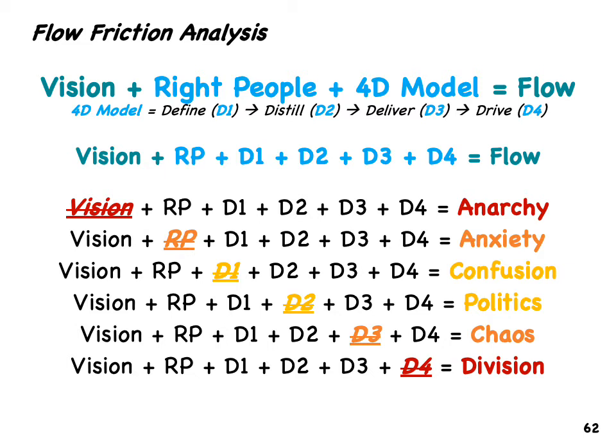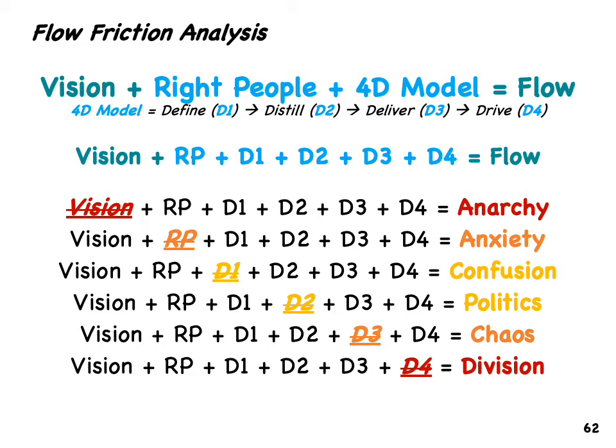And so this is the flow friction analysis, and using this with your teams, if you're working with teams or with people and you detect any of these, you can go back down through this and look at, okay, this is part of the flow friction analysis, and you can start to help guide your team members, your coworkers, and say, hey, look, it sounds like you got some confusion there. Maybe we should go back and look at the definitions.